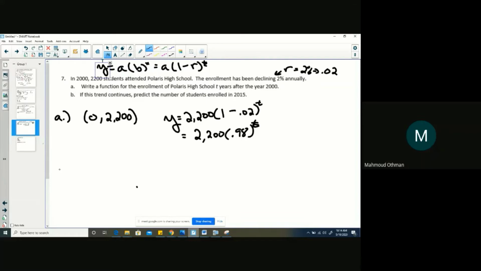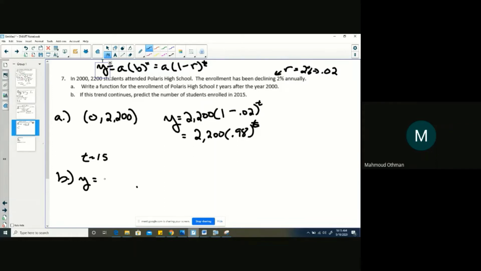Now for B, if this trend continues, predict the number of students enrolled in 2015. So it's going to be 15 years after the year 2000. So I know that t will equal 15.